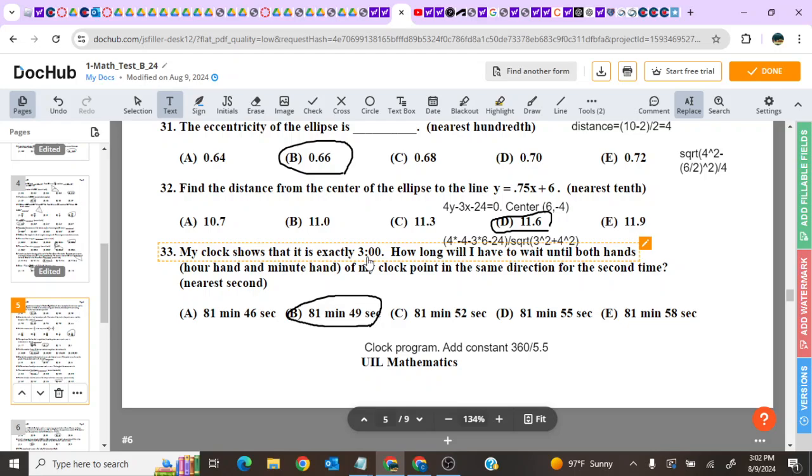I'm not going to derive that for you right now, but basically that'll be how long it takes for them to repeat being in the same direction. So if you add that constant to the original time, you get 81 minutes and 49 seconds.